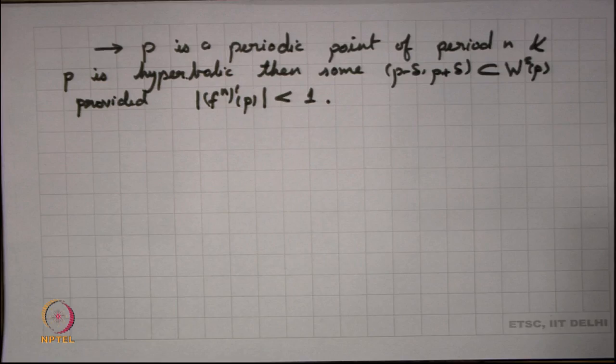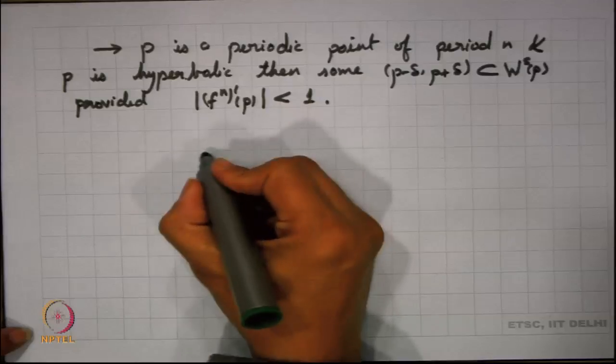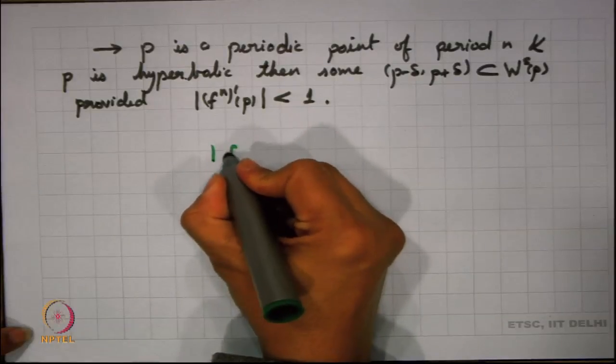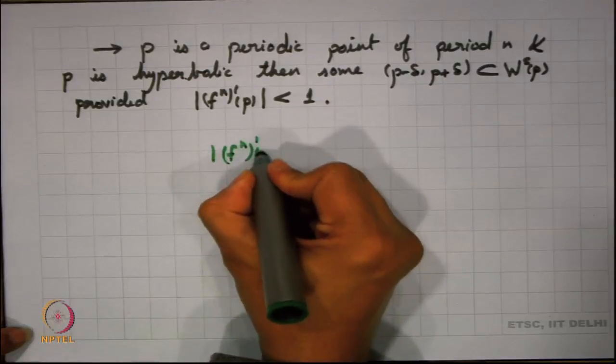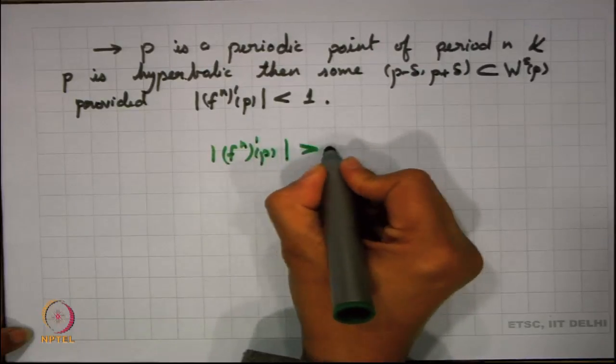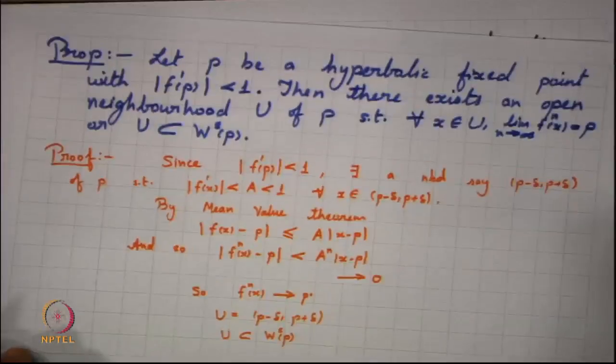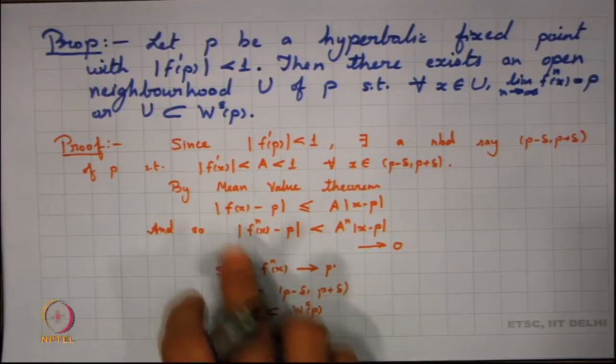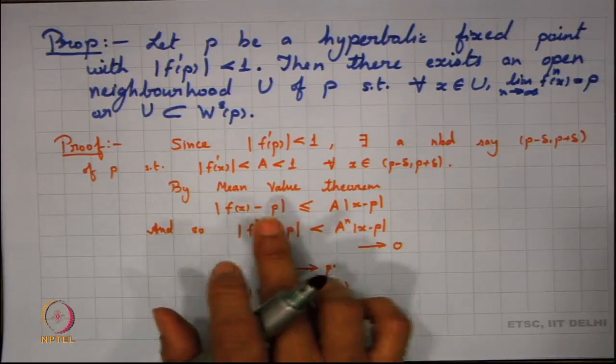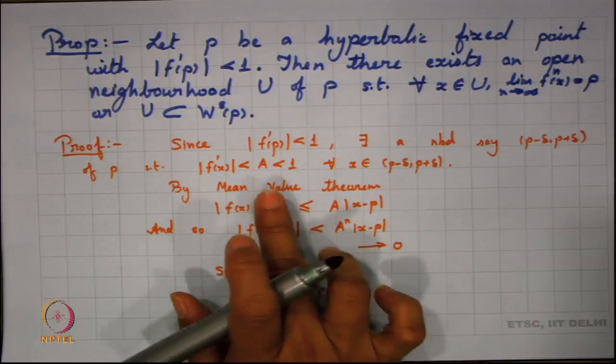With a little more difficulty, we can analyze what happens in case I have such a periodic point and the modulus of (f^n)'(p) is greater than 1. What happens in that particular case? If we go back to our proof of the previous case, by the mean value theorem we had a quantity a which was less than 1.